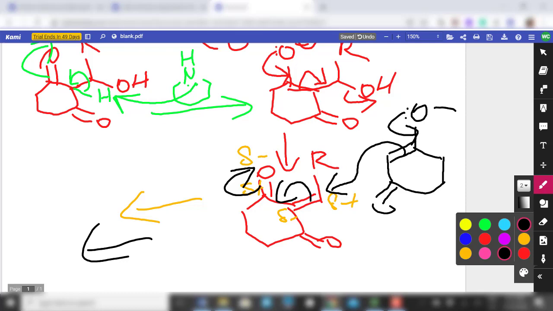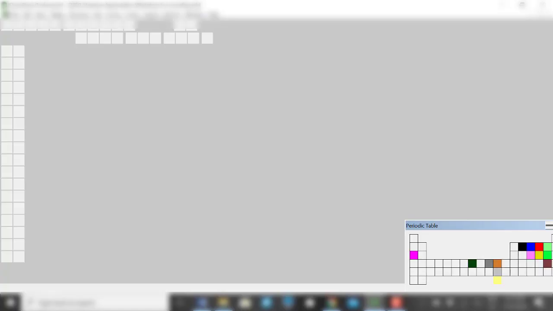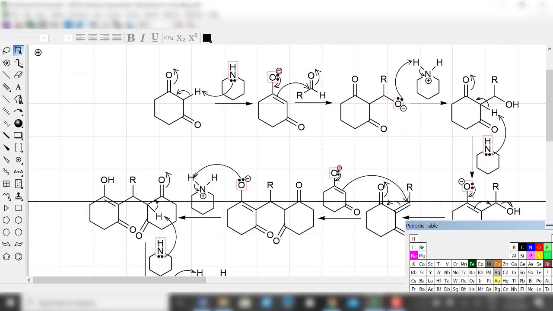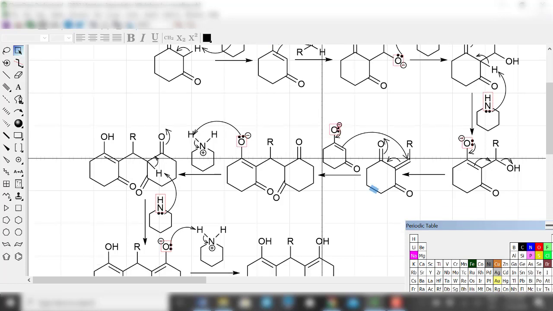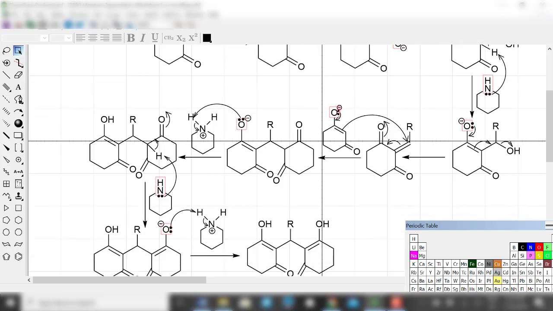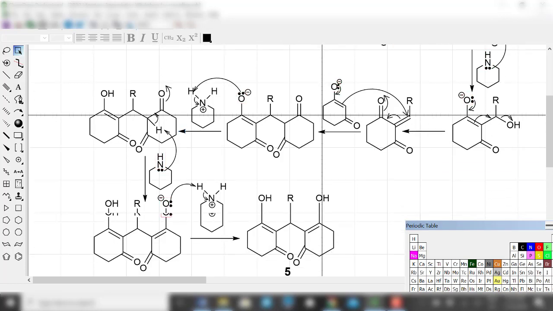Okay, I will not continue to draw for you, but I'll just show you directly from the ChemDraw. Yep, essentially I've drawn almost everything for you. So this is the E1CB that I talked about earlier on, and then the protonation and deprotonation, and then the final bit would be to actually generate 5.